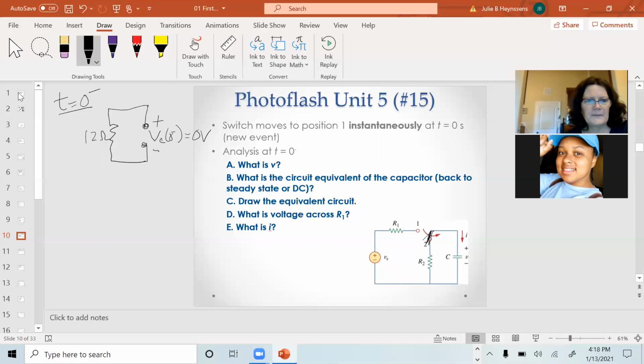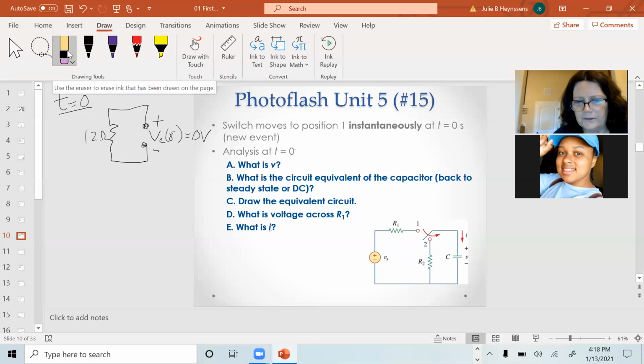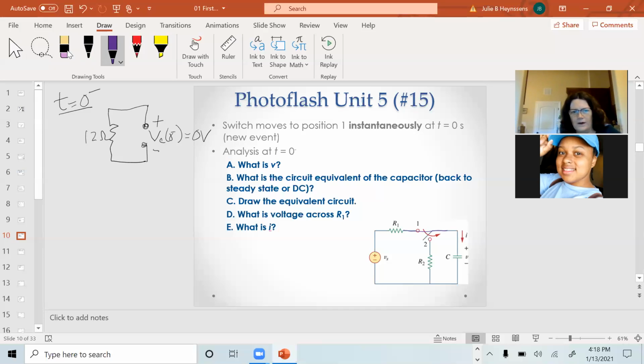Okay. So I'm going to flip the switch. I'm just going to do this all without changing slides. That's my eraser. I'm going to flip the switch and throw it into position 1. My t equals 0 plus circuit, right after I flip the switch.